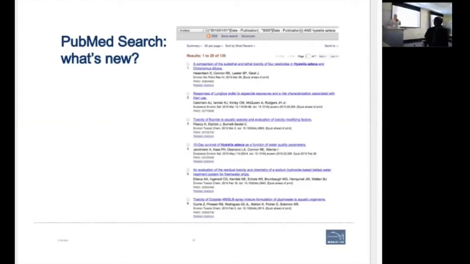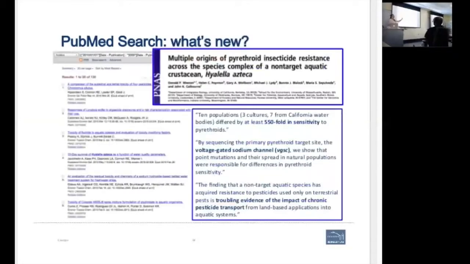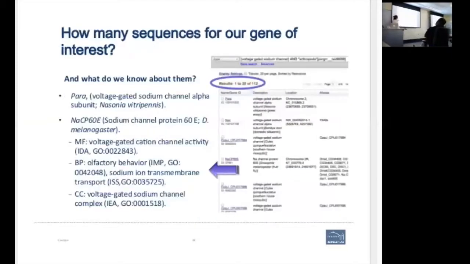What information is available for the voltage-gated sodium channel? I went strictly to look for the genes that were available for arthropods, and then I found a few sequences. Some came from the jewel wasp, Nasonia vitripennis. I'm unashamedly biased towards that because that was my organism in grad school. And then there's all the information that came from our infamous fruit fly.